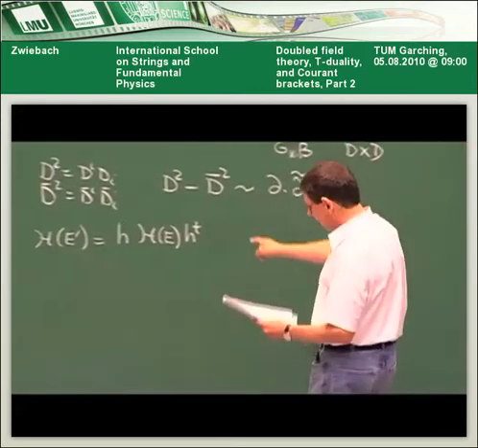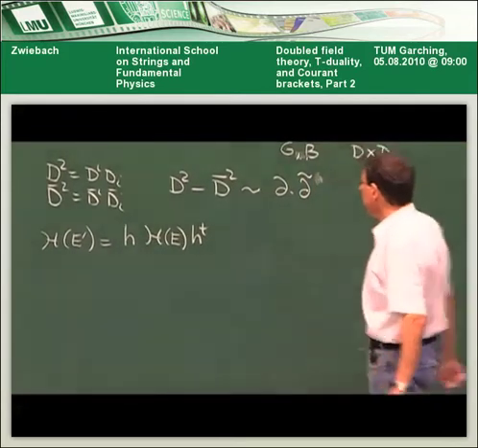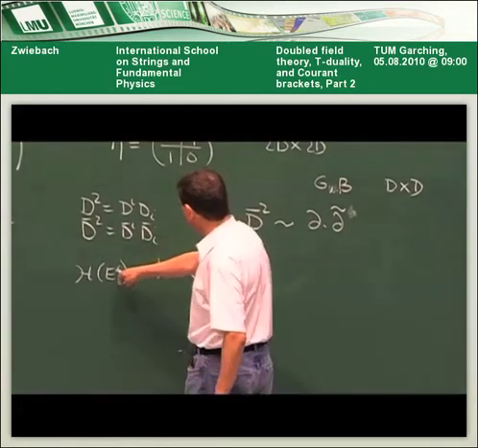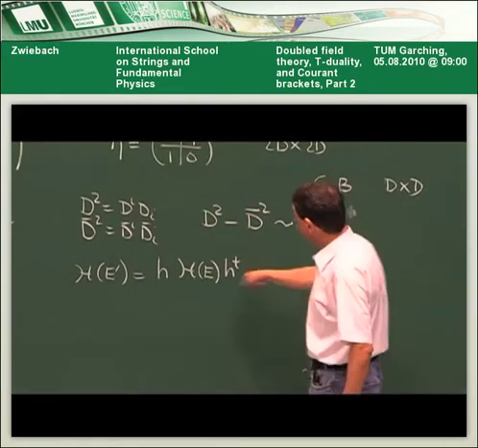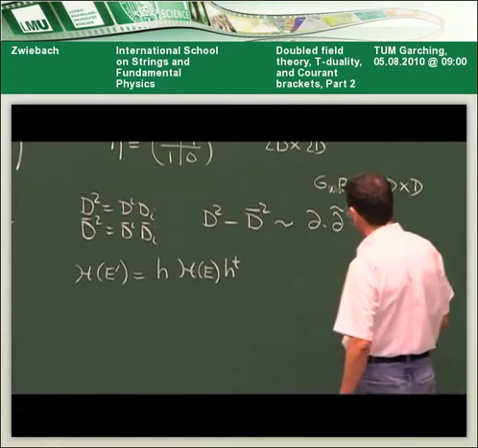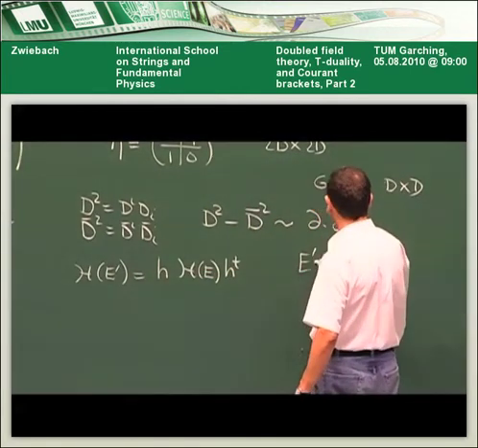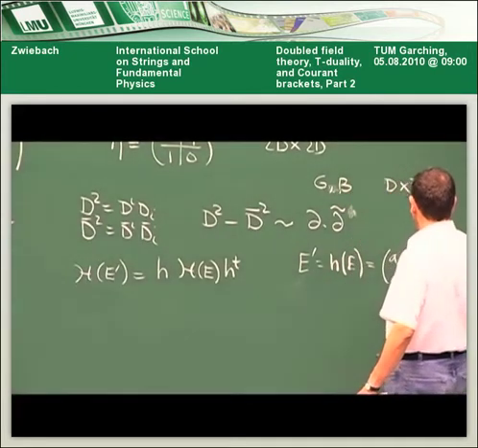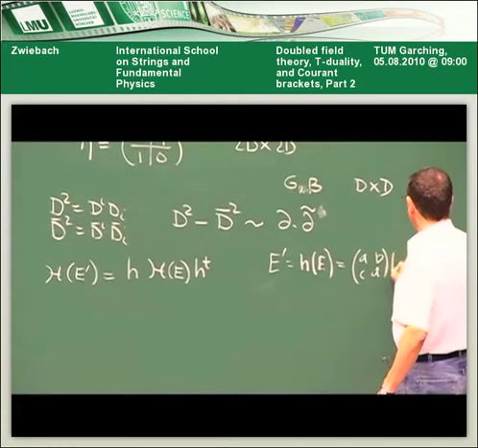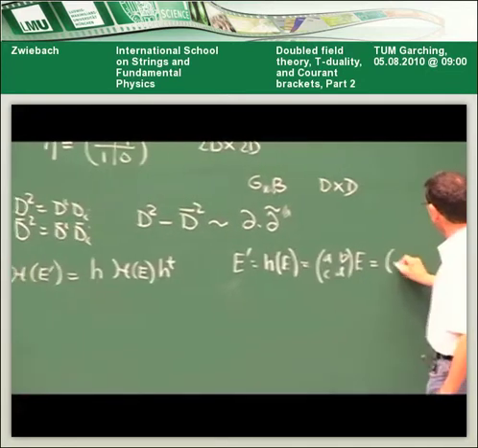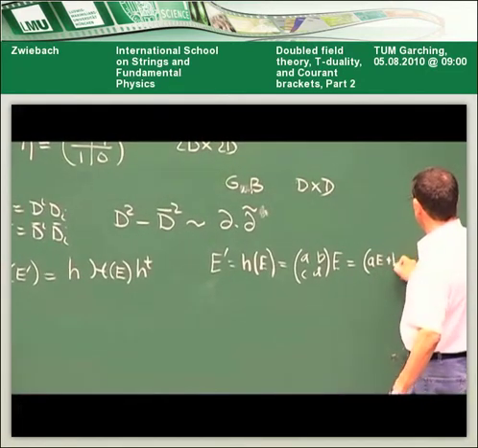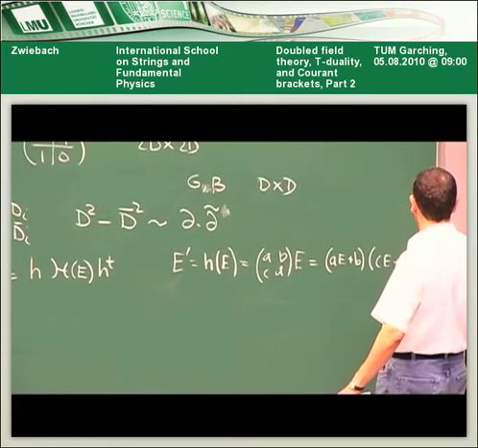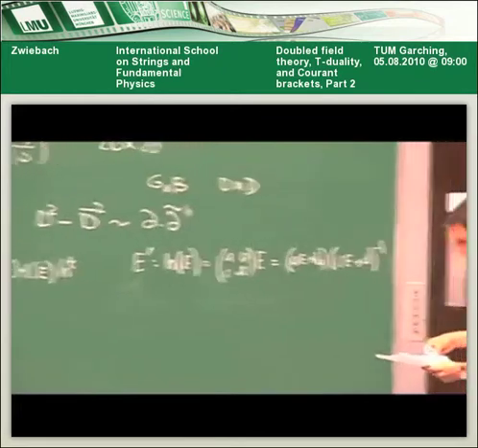So we need this. And we said that E prime had to be different from E, and H would control the relation between them. And we wrote E prime equal H of E, or A, B, C, D, E. And we said this meant (AE plus B) times (CE plus D) to the minus 1 in terms of matrices.